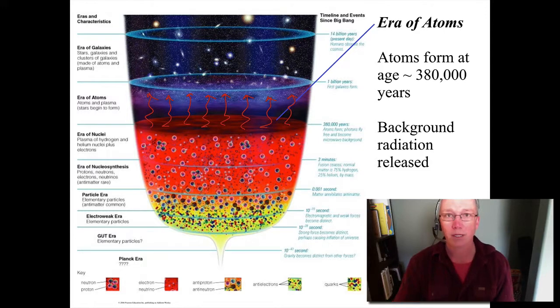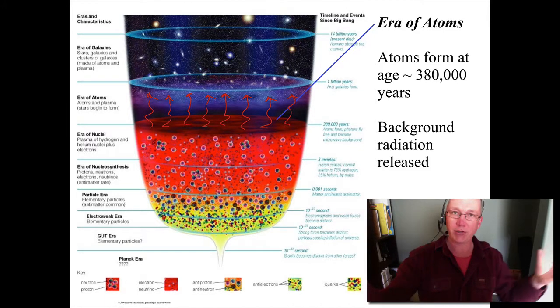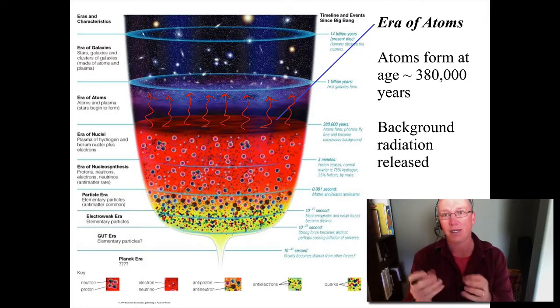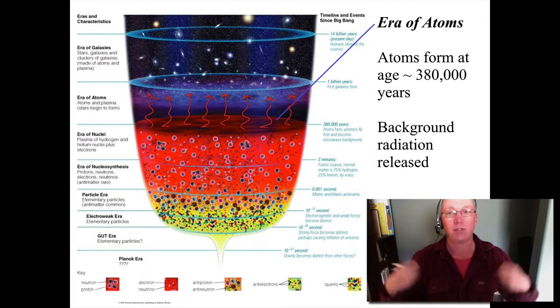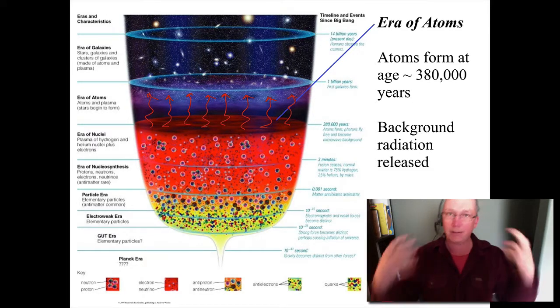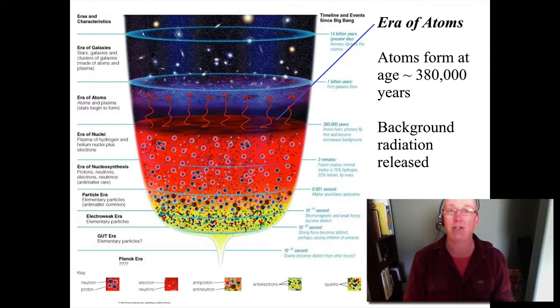Stars can begin to form here because atoms will begin to draw each other together via gravitational collapse, and the first stars are formed. Between 380,000 years and the first billion years, we begin to generate the first generation of carbon and nitrogen and oxygen and the things that make up everything we are. So this is really where all of the atoms in your body, all of the ones that can be formed in star formation, come into play.